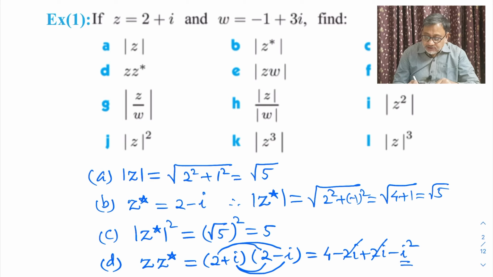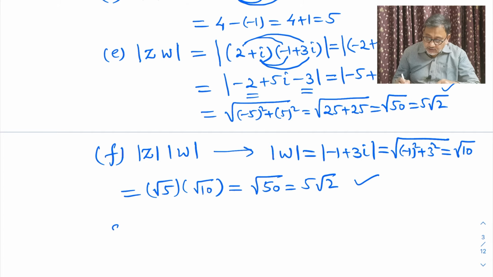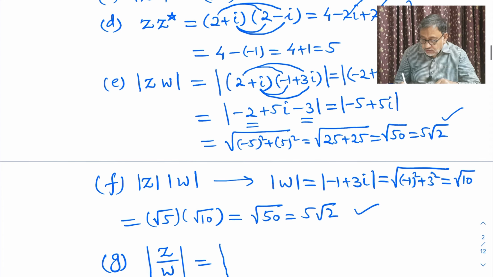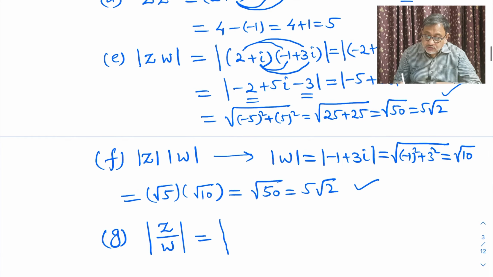Now the G part is modulus of z over w. First divide and then find the modulus. So modulus of z over w. z is 2 plus i over w, which is minus 1 plus 3i.